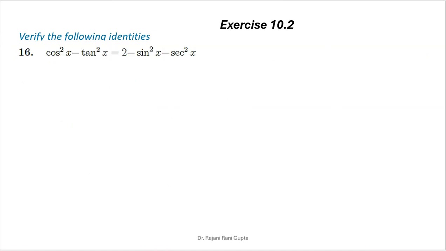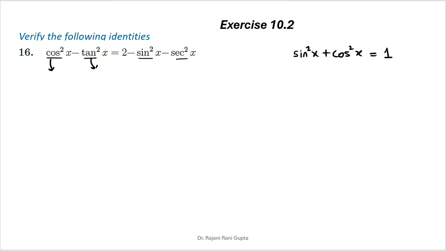Let's see. Here you have two terms on the left side and three terms on the right side. So check, you have cos and tan, and you need sine and secant. It means you need to convert cos into sine and tan into secant, so you have to look for the identities. You know the relation between cos and sine: sine square x plus cos square x is 1.